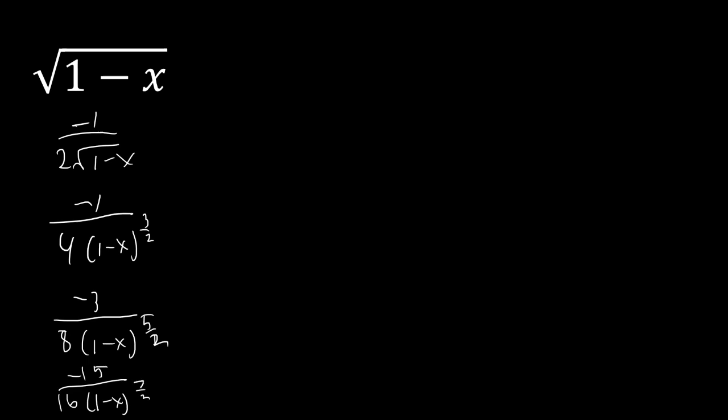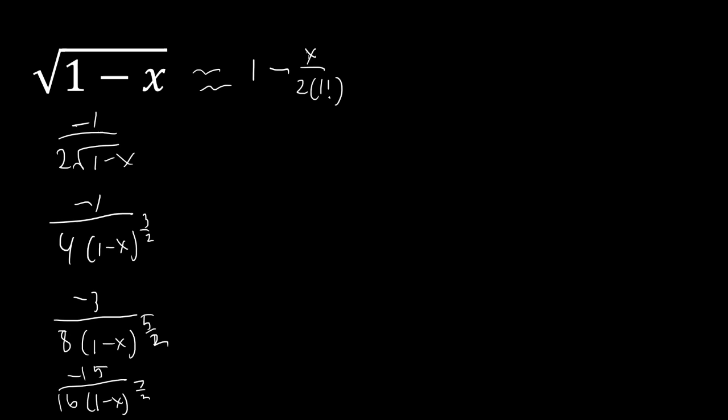All right. So if we go ahead and start writing out our Taylor series, the first term is just f of 0, which is 1. Then all the rest of the terms are going to be negative. So we're going to have negative x over 2 times 1 factorial. I'm just going to leave in the factorials because it's going to be easier to make our expression at the end.